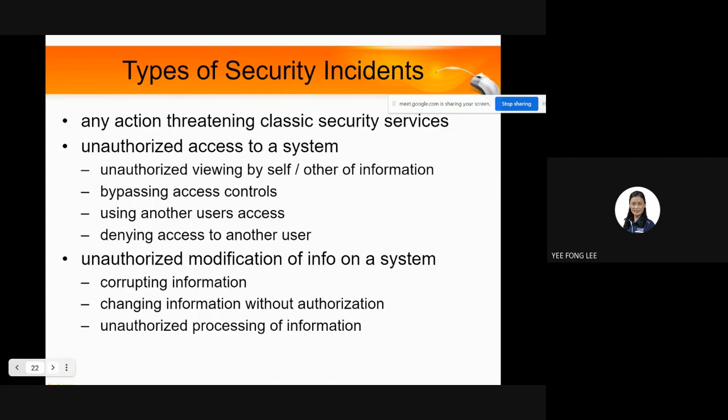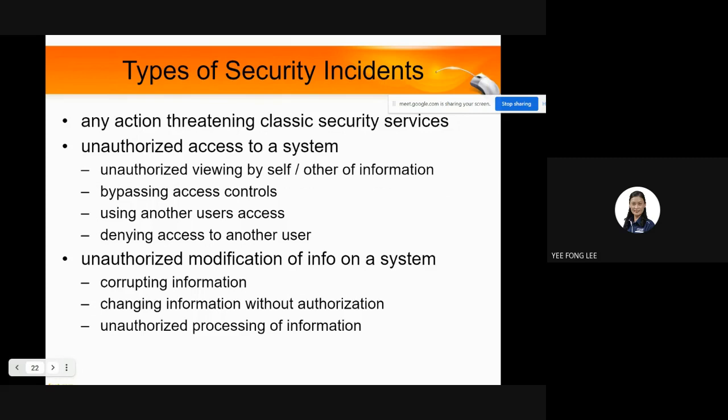Authenticity, reliability, and accountability in the system. This might include various forms of unauthorized access to the system and unauthorized modification of information on the system.